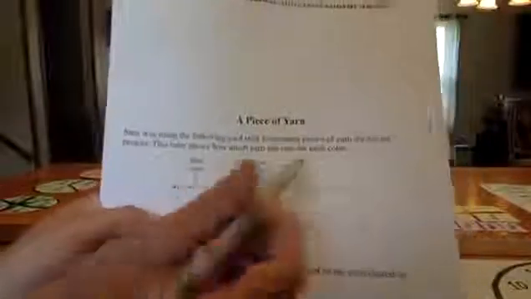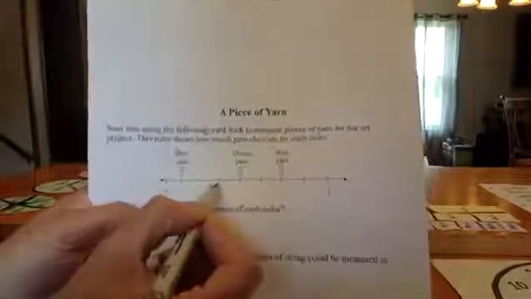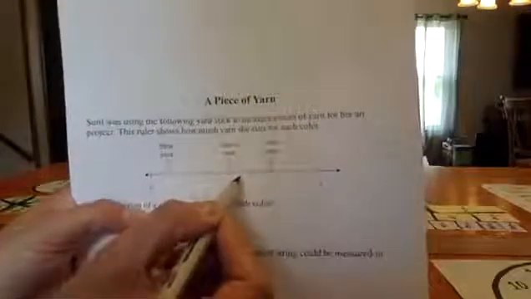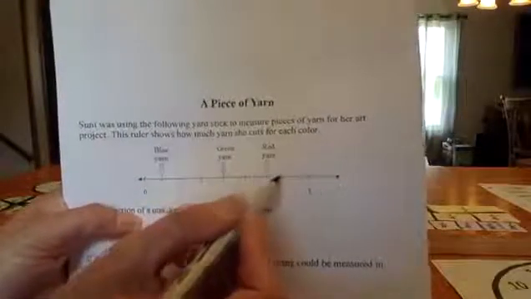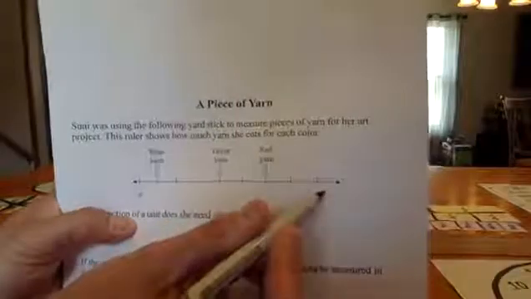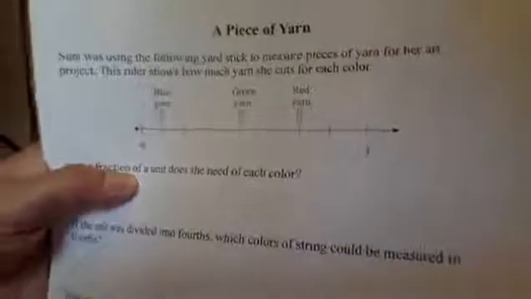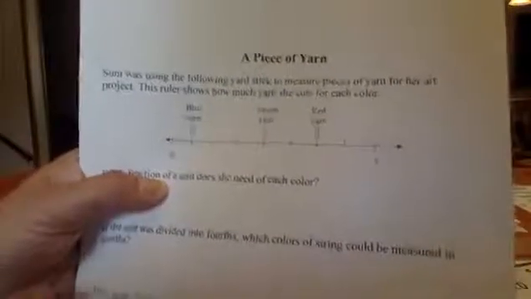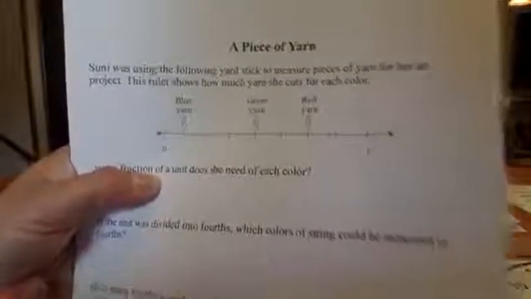So I'm going to count how many equal spaces I have between the 0 and the 1. So there's 1, 2, 3, 4, 5, 6, 7, 8. So I know there are 8 equal spaces on my number line. So I'm going to go ahead and number my number line with the fractions, okay? So here I go.